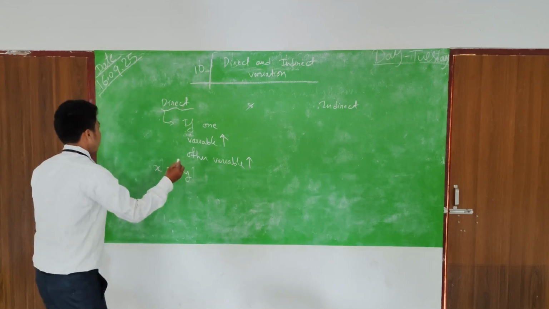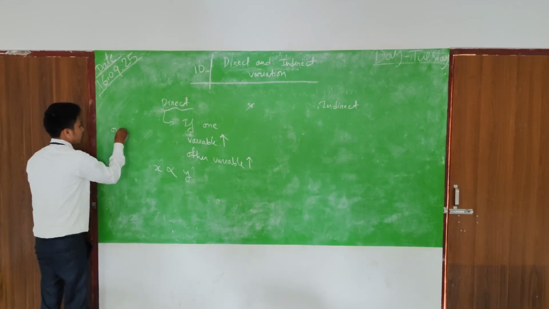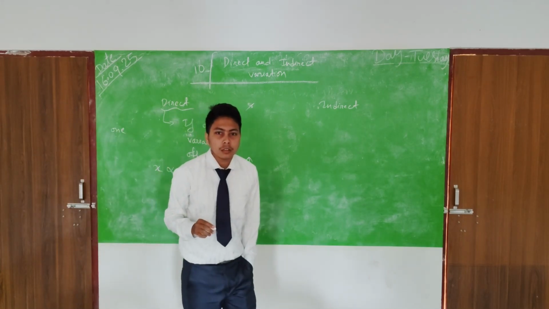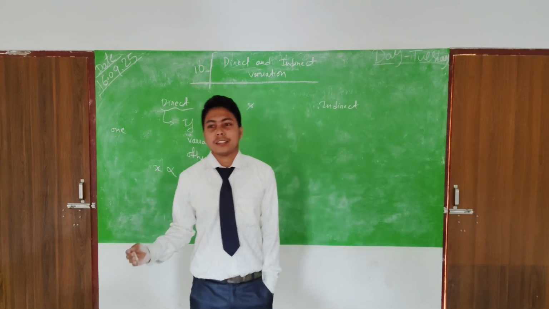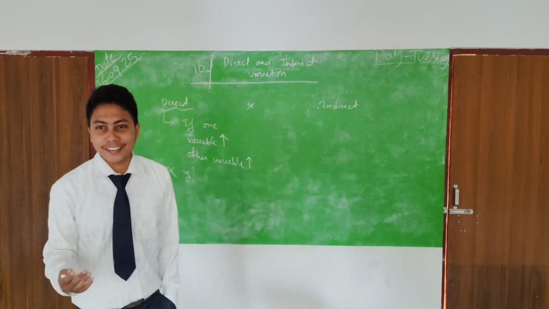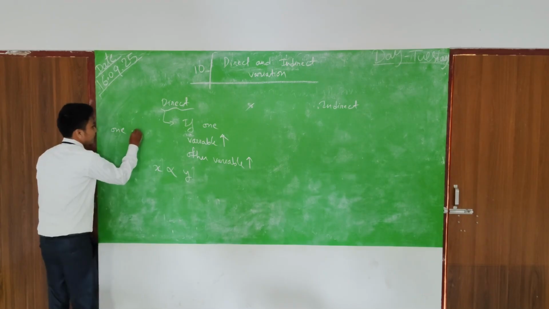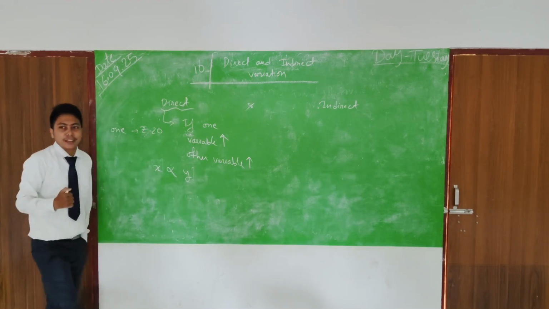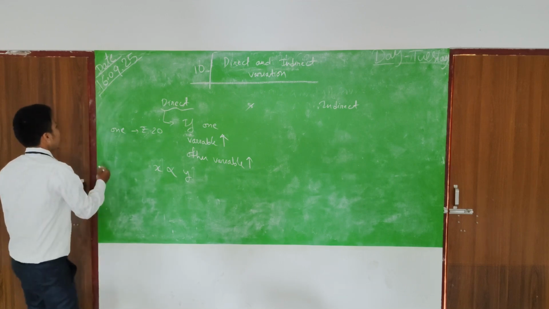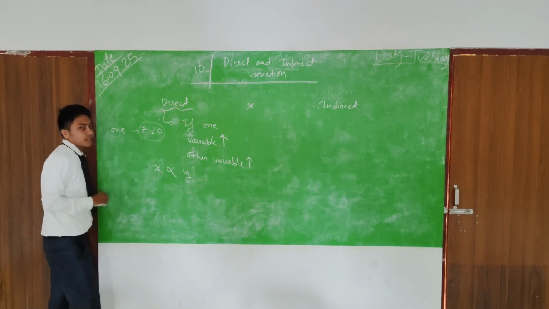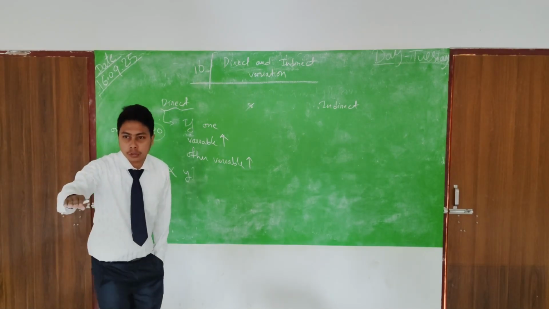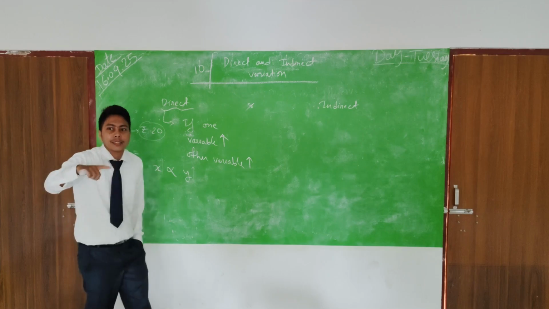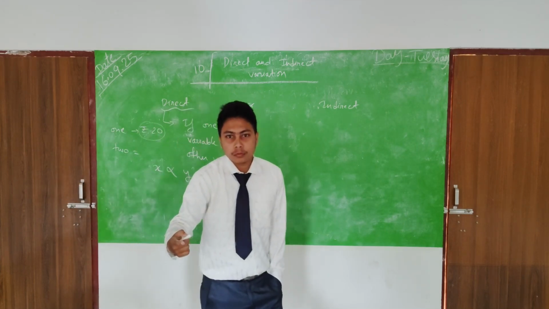A very good example: if you buy one chocolate, what will be the price of one chocolate? 20 rupees, Cadbury, right? So if one chocolate costs 20 rupees, then even a small baby can tell, if I buy 2 chocolates, then the price that I have to pay will be 40.